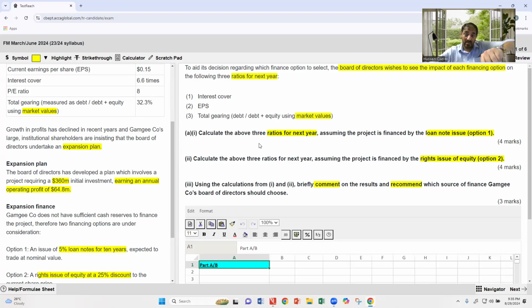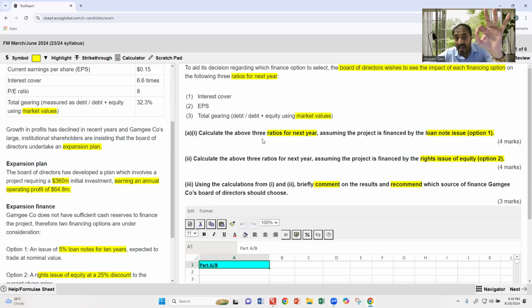Now, start reading the question from the requirement, then read the context carefully, highlight the important points, and once again read the requirement and make sure you understand it carefully.